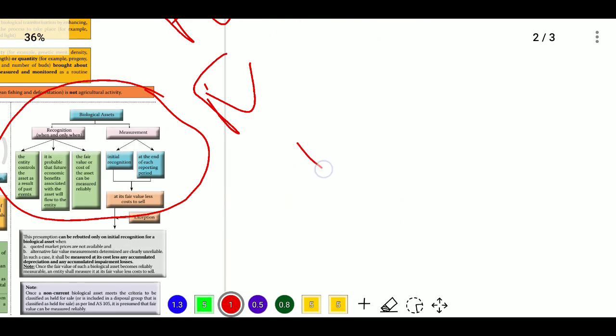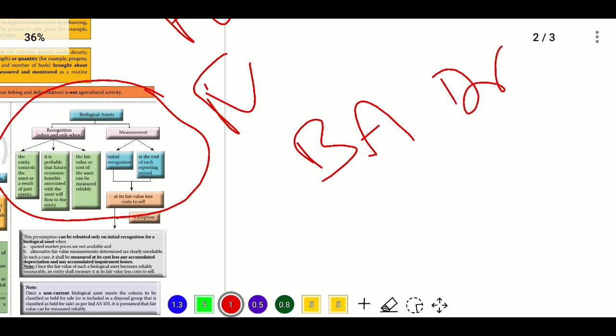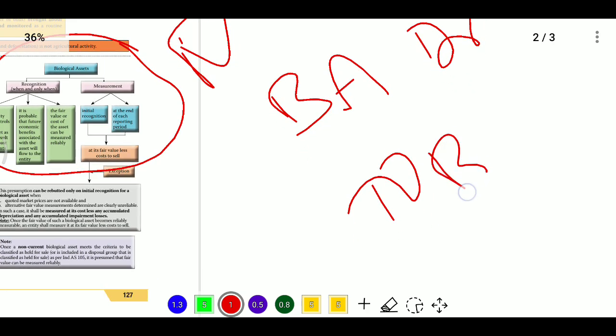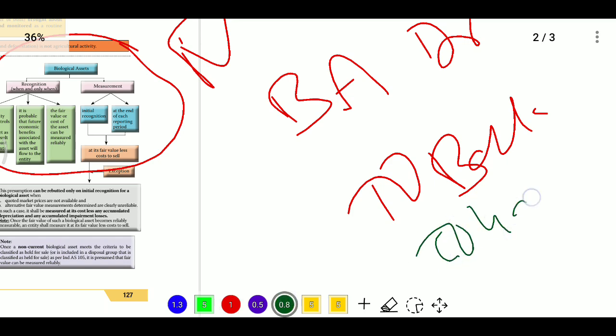The entry will be: biological asset debited, always, and whatever we are paying, bank account credited, first entry. If we are getting any gain, gain will be credited. If we are getting any loss, it will be debited.